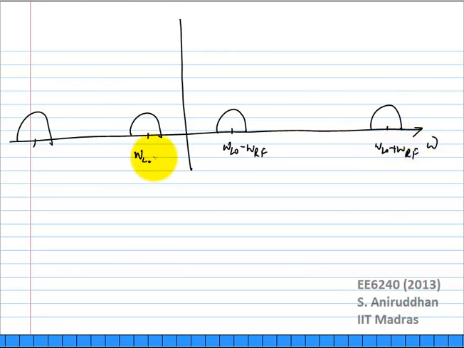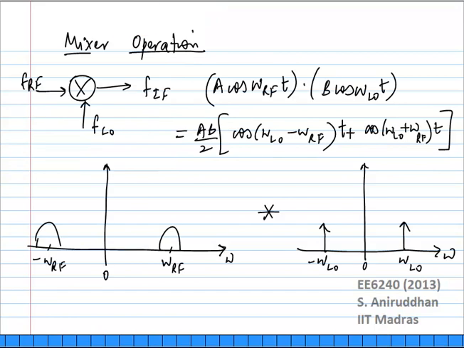So this will be omega LO minus omega RF, and minus of that. Does it look okay? Because you already know you are supposed to get two components. One will be related to omega LO minus omega RF. The other will be related to omega LO plus omega RF. So the whole thing will get shifted.